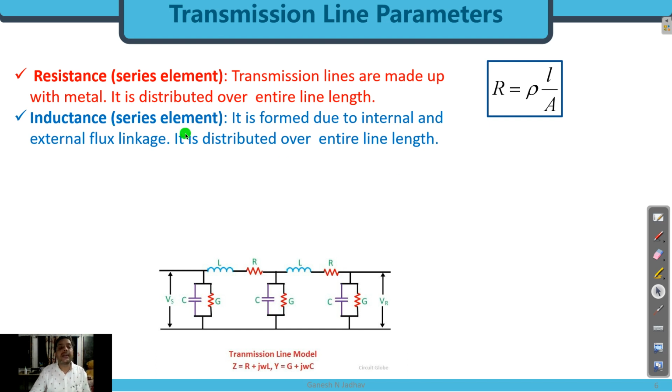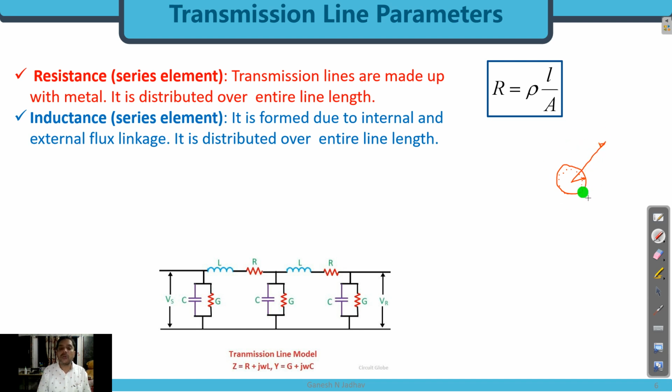Let's begin with the inductance. Inductance is also a series element, and it is formed due to the internal and external flux linkage. Every conductor, so let me draw a cross section, carrying a current produces its own magnetic field, and that flux is linked with the conductor as well as with the outside.